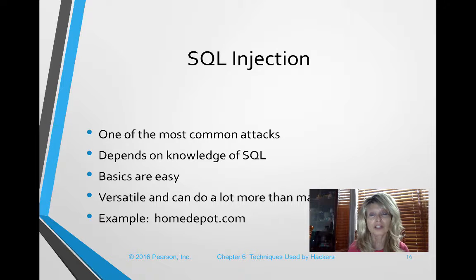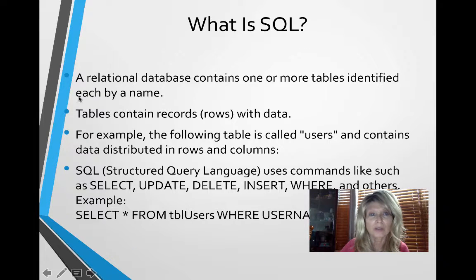And SQL injection looks for websites like that where you have to put something in, and it puts in some code that causes the condition to always be true. If you know SQL, you know that x equals x in the code will cause the system to say, okay, this is an acceptable answer, and it'll let you into the system. So that's just one way. SQL injection is one way.